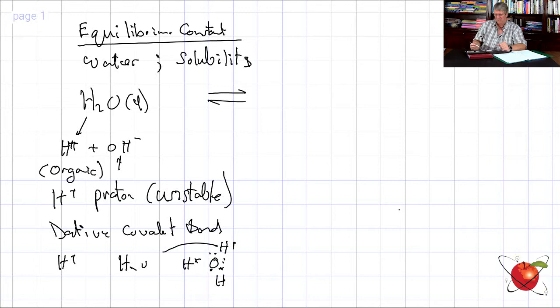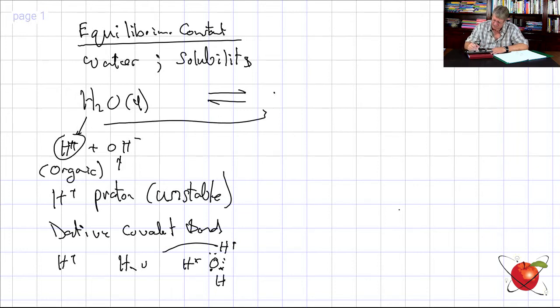Now, that was just a recap. So this H plus attaches himself to form an H3O plus like so. And the next bit is we end up with an OH minus over there. So we can see that that's the hydronium ion and that's the hydroxide ion.